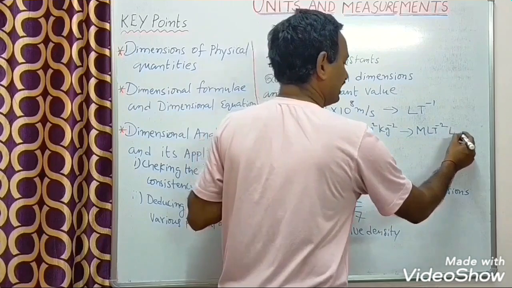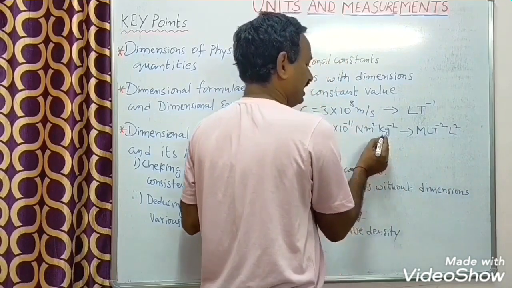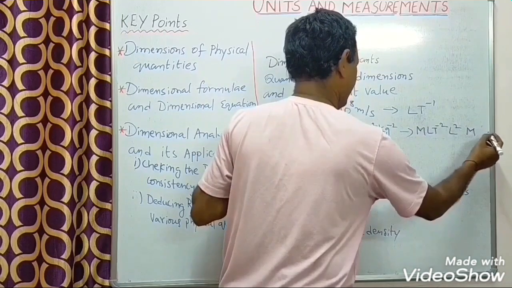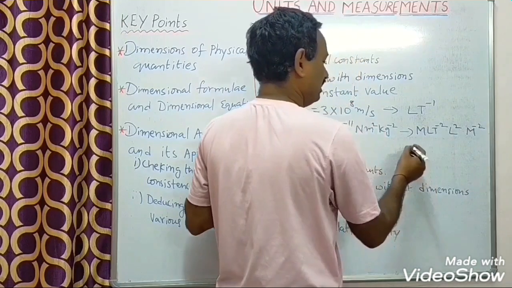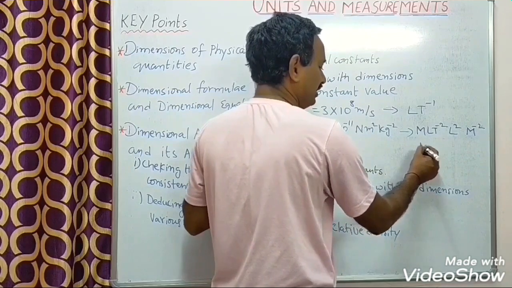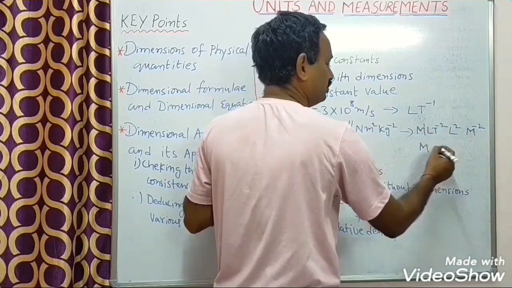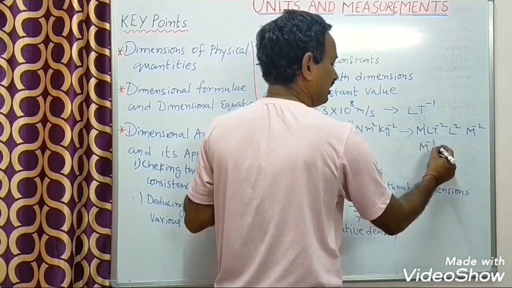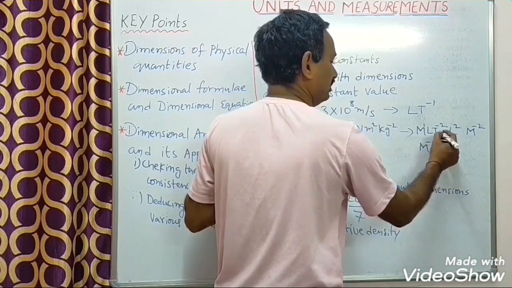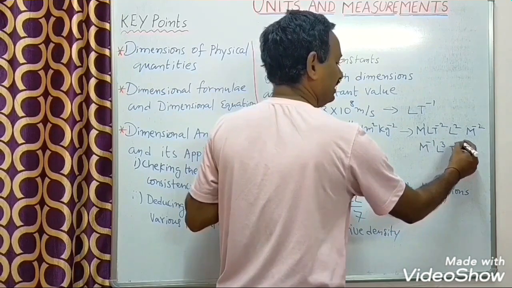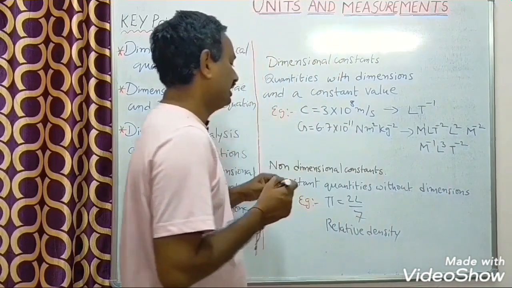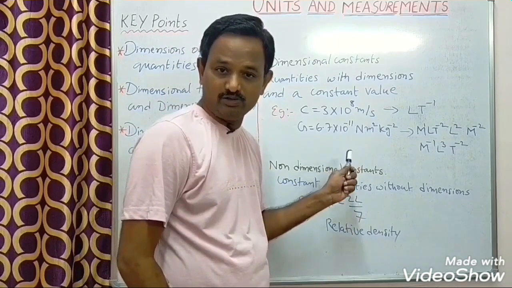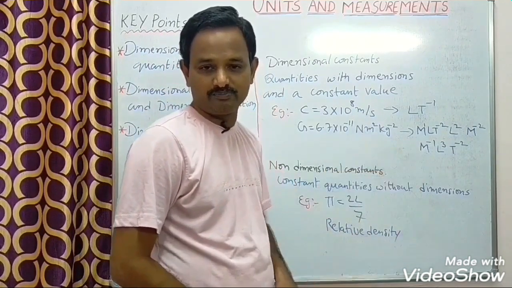For meter square, L square. For kg power minus 2, M power minus 2. Then what I will get? M power 1, M power minus 2, that is M power minus 1. L into L square, L cube, into T power minus 2. So the universal gravitational constant has a constant value and also a dimensional formula.